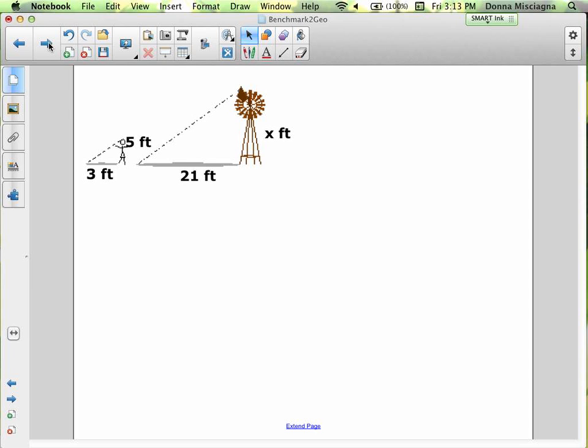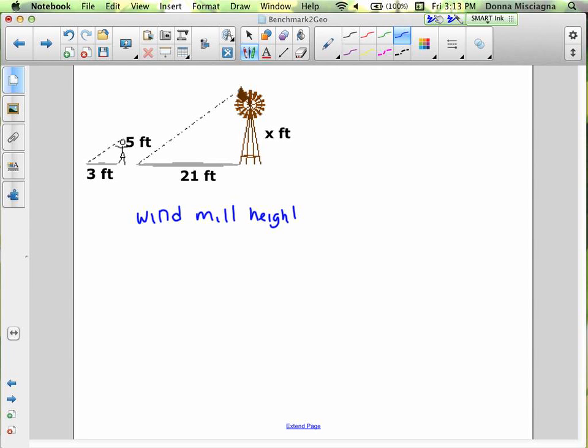So we have similar triangles here. And I like to put them in words when I've got a real-world situation. So we are looking for the windmill height. Well, windmill height goes with person height.